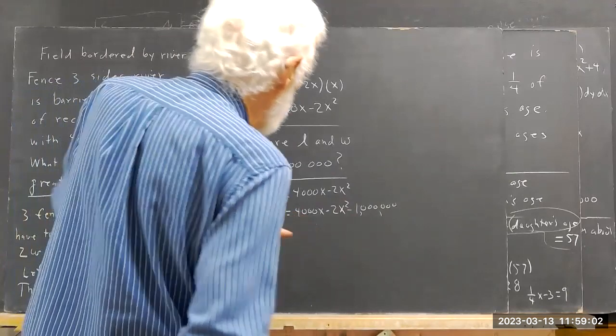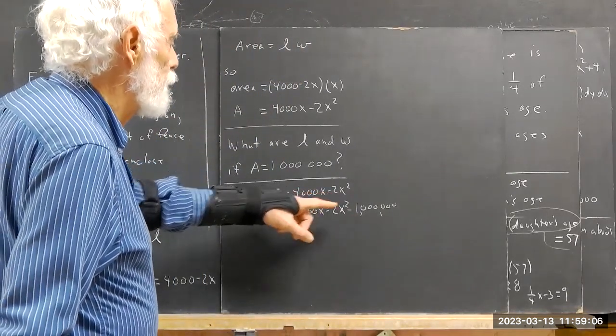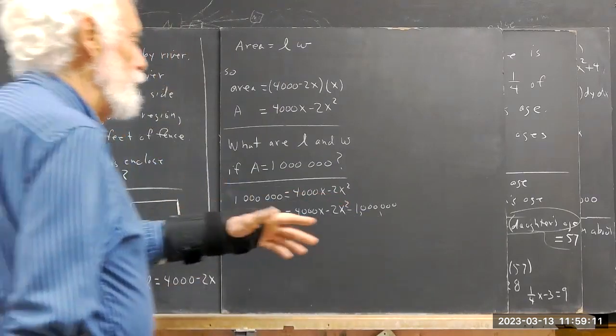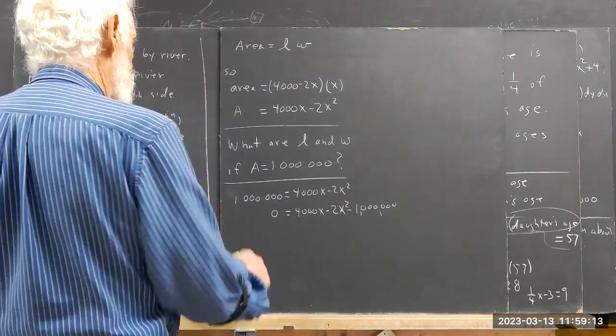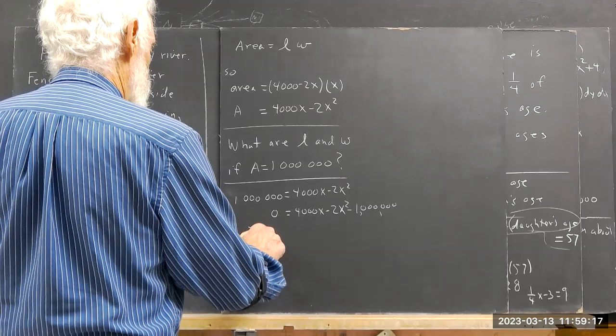Why would you do that? Well, because you have an X squared and an X here. You have a quadratic equation. Now let's put this equation in more standard form. And I'm going to do what everybody seems to have done.